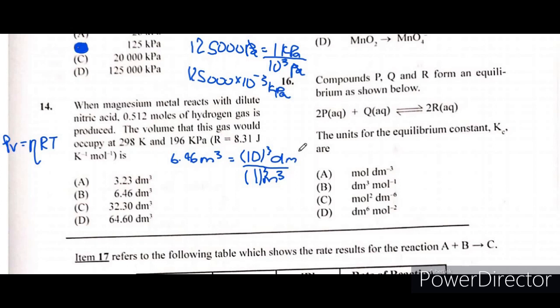So raise all those numbers to the third power. Meters cubed cancel meters cubed. 1 cubed is equal to 1, so I'd have 6.46 times 10 to the 3, because 10 cubed is 10 to the 3, or 1000, but let's just write it like this to make it a bit more condensed.